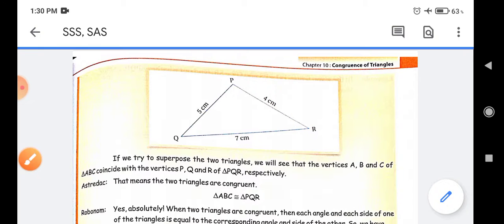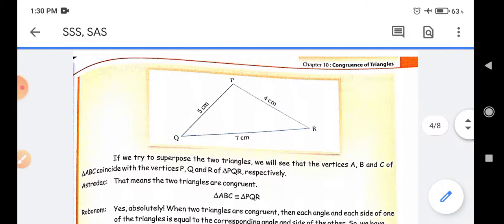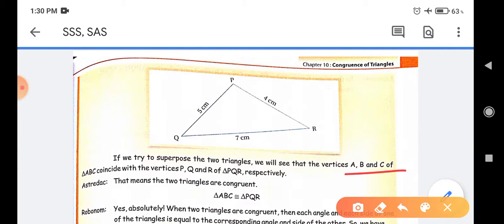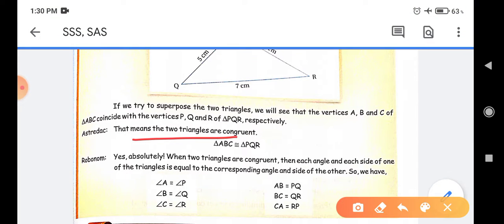If we try to superpose the two triangles, we will see that the vertices A, B and C of triangle ABC coincide with the vertices P, Q and R. Coincide means overlap. Then that means the two triangles are congruent. Triangle ABC is congruent to triangle PQR?